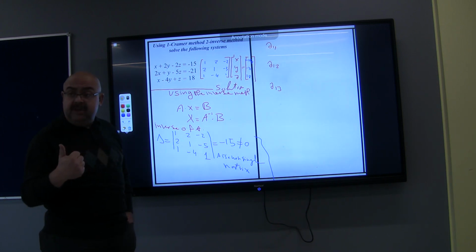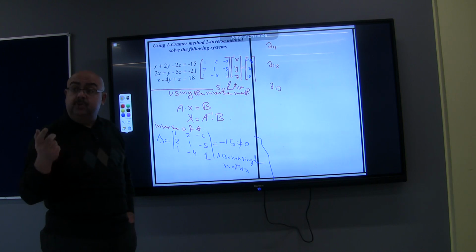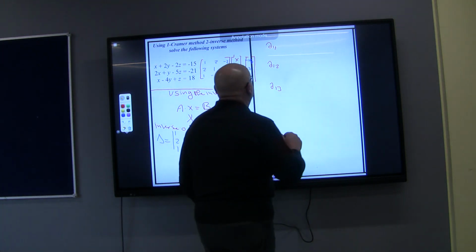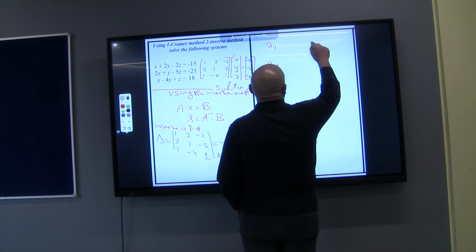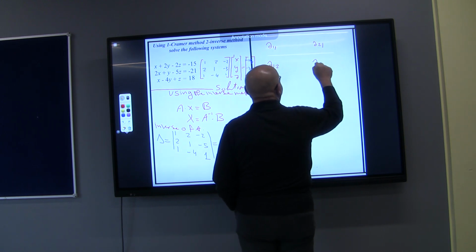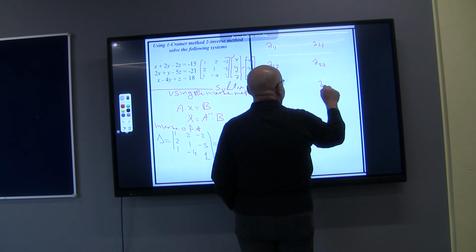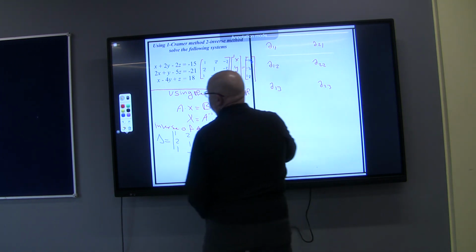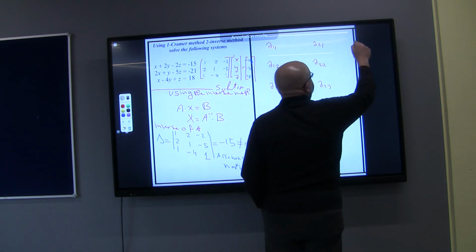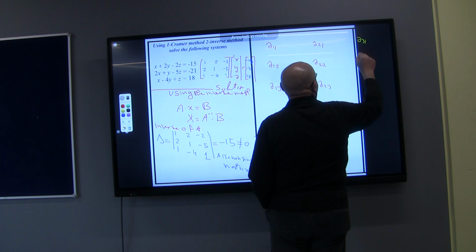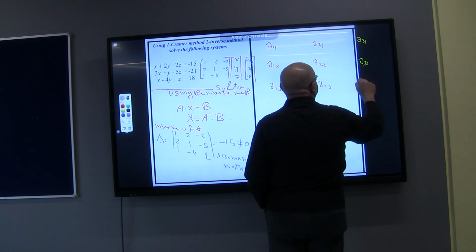We are evaluating the cofactors and we already make the transpose for these values. For A21, A22, A23, then we will have the other numbers, which are A31, A32, then A33.